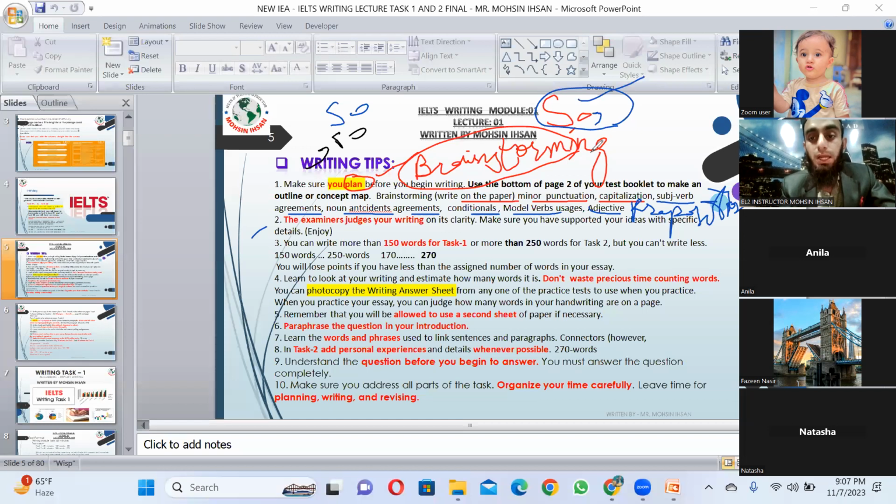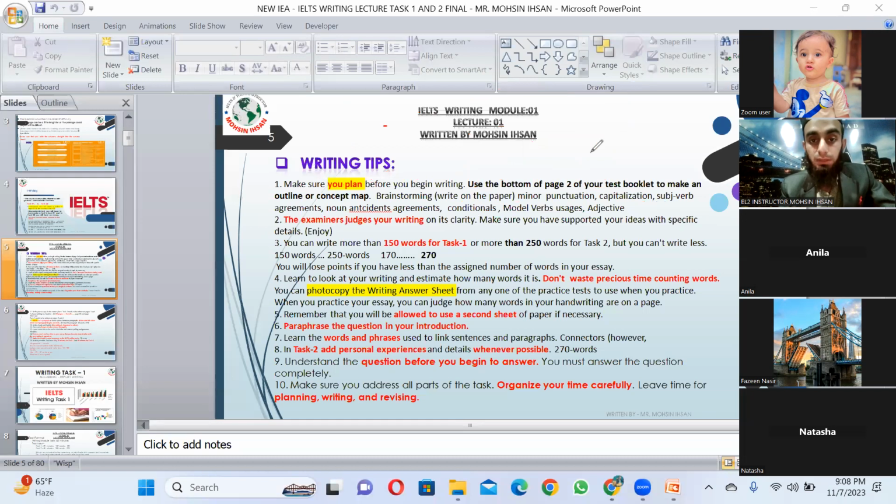Comma after 'so' if you are starting a sentence with it, but comma before 'so' if you are just writing it in the middle of a sentence. This is the difference in using a comma with 'so', and you must have that in your mind. You need a little punctuation knowledge, especially the use of the comma, where to use it and where not to, right?